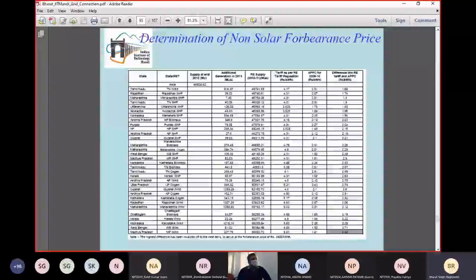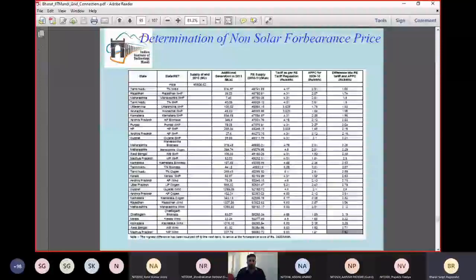The third column is the 2010 availability of renewable energy. The fourth column is the 2011 renewable energy anticipated to be injected into the grid, based on the 6% requirement of the target of the National Action Plan on Climate Change.